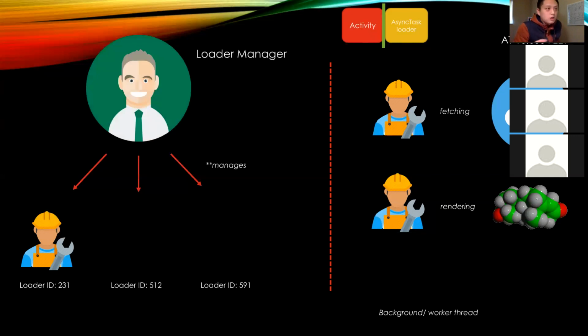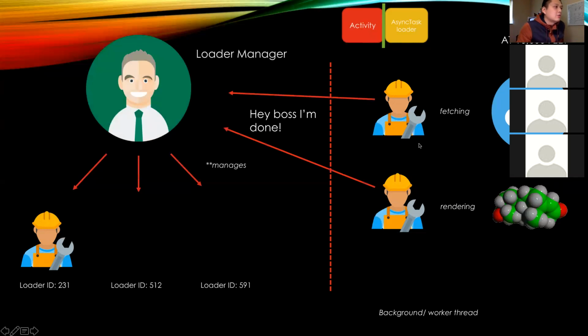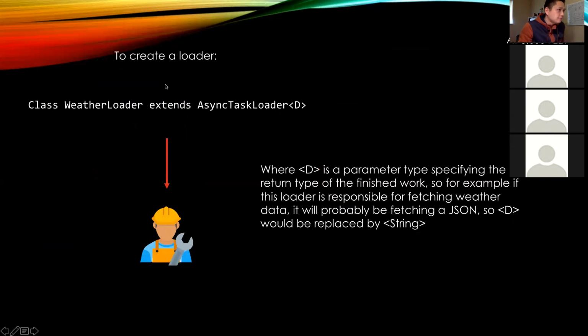And you do that with a callback. So when they're done, they will tell the boss, "Hey, I'm done." And this boss here, this manager, will tell you that it's done, and then what do you want to do with that new data, right?